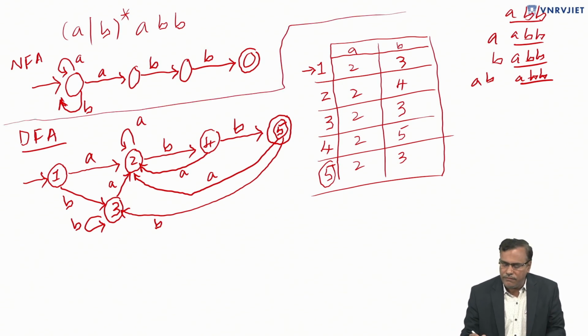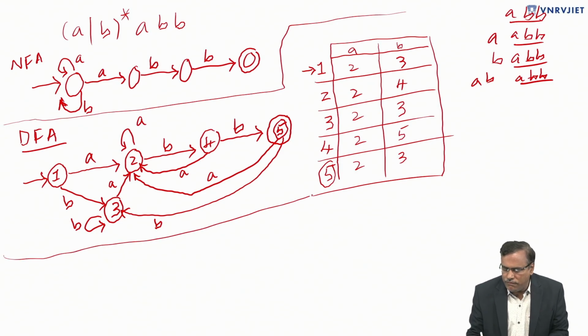In minimizing a DFA, what you are supposed to do is, first you have to separate final and non-final states. We know that we have one and only one final state, that is 5. You can take it as one separate group.